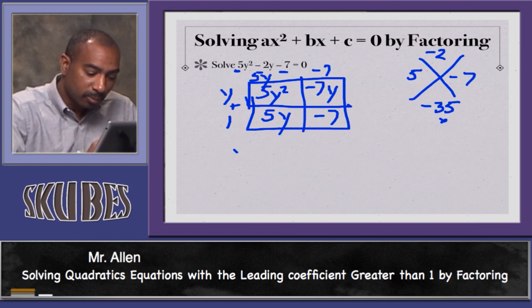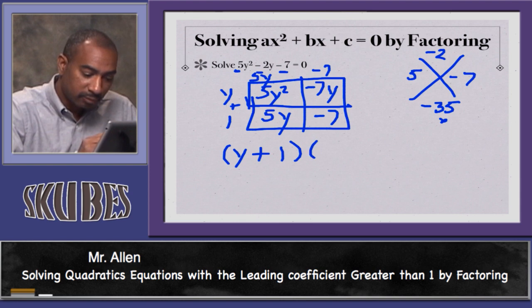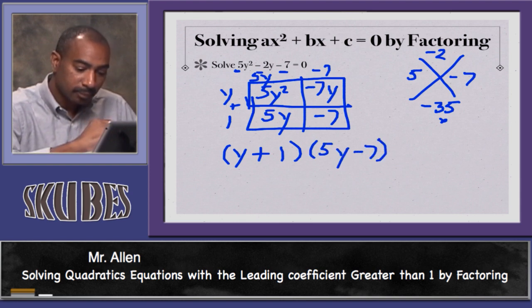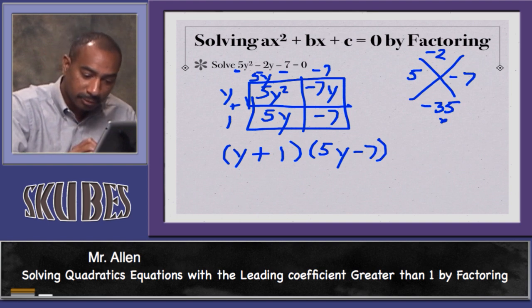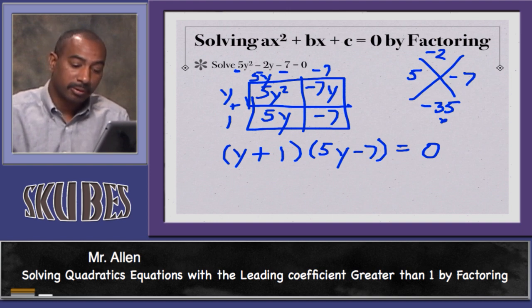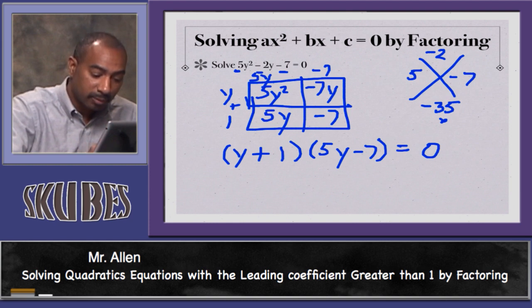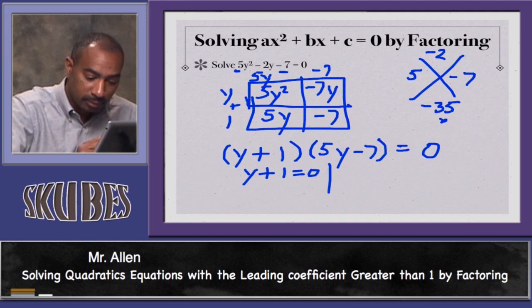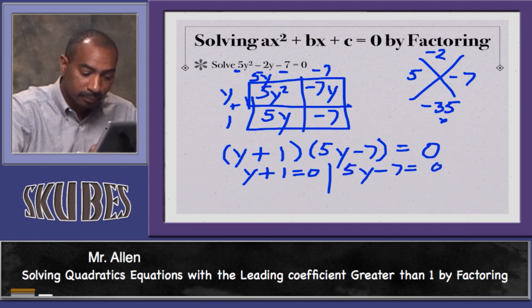So your factors are going to be y plus 1 and 5y minus 7. And you're going to set this equal to 0. And you're going to set each factor equal to 0, just like we did in the previous lesson once you have the two factors. So you have y plus 1 equals 0. And you have 5y minus 7 equals 0.